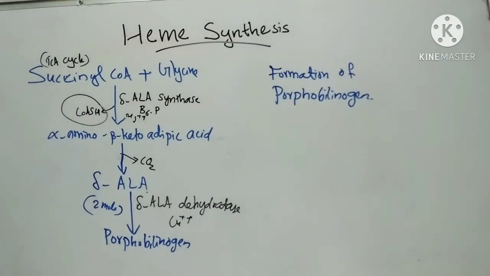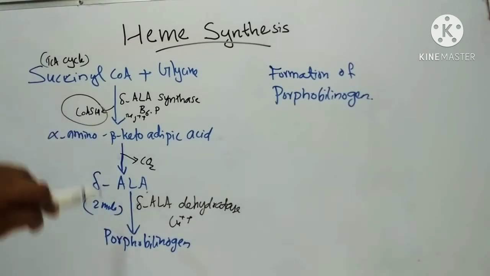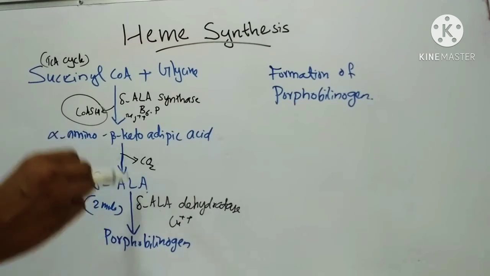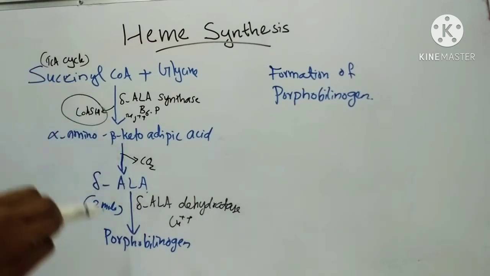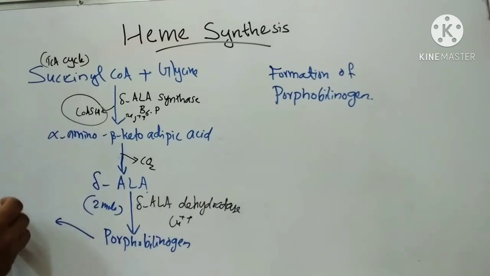So the next step is formation of porphobilinogen. Delta amino levulinic acid comes out of the mitochondria into the cytosol for further reaction. Here 2 molecules of delta amino levulinic acid condense to form a molecule of porphobilinogen, which is the precursor of pyrrole rings.